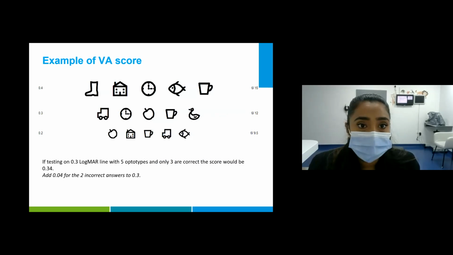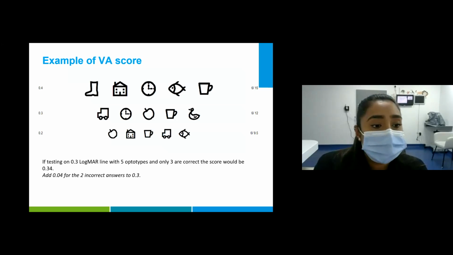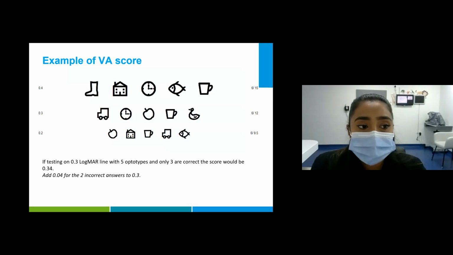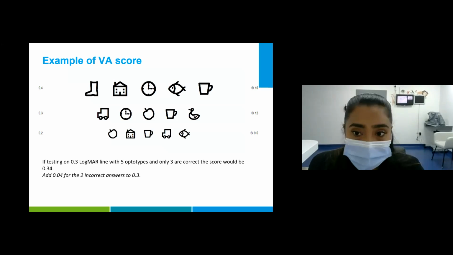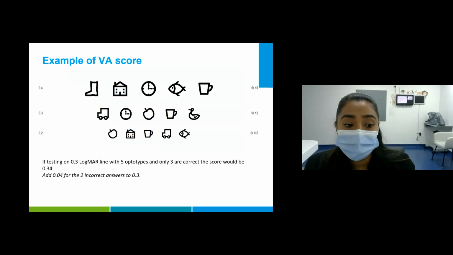So if I go on here, here is an example. You can see 0.2, 0.3, 0.4. If you're testing on a 0.3 line and there are 5 pictures and only, say for example, 3 of them were correct, the score would be 0.34, because you add the 2 incorrect scores to the 0.3 line.